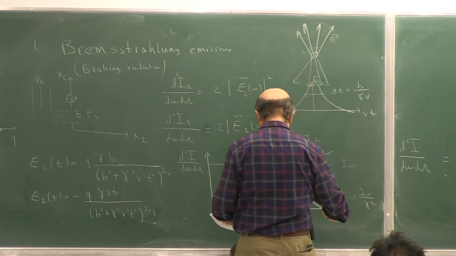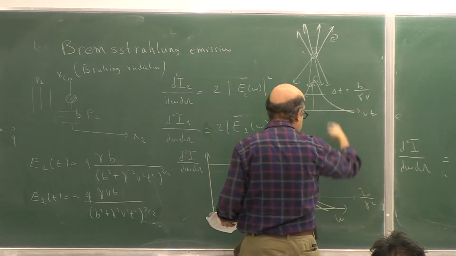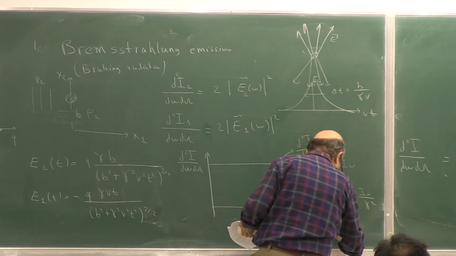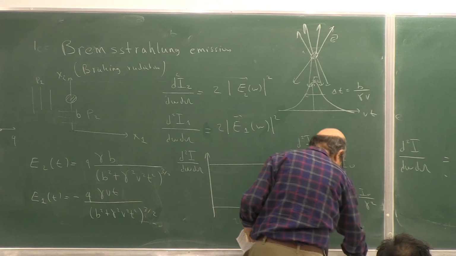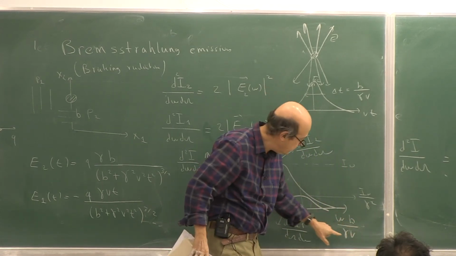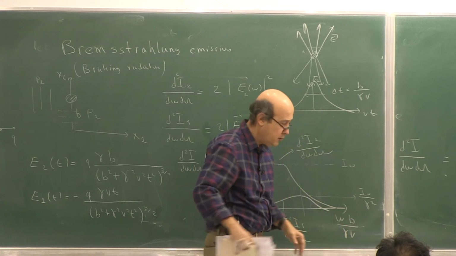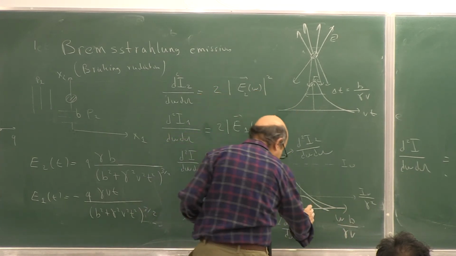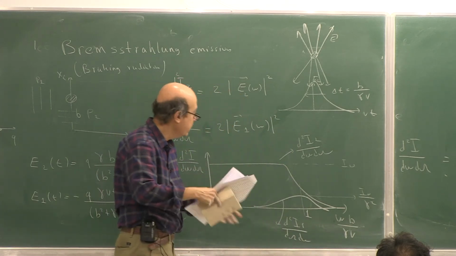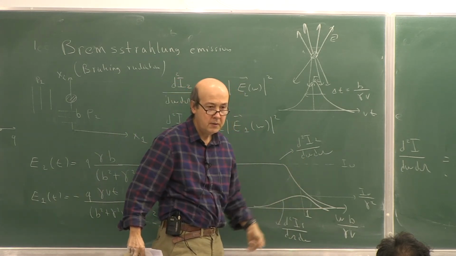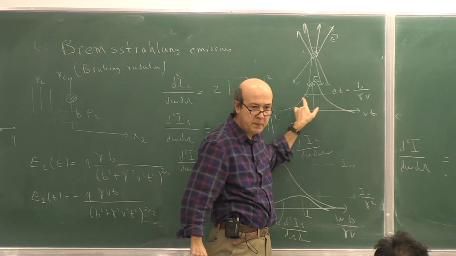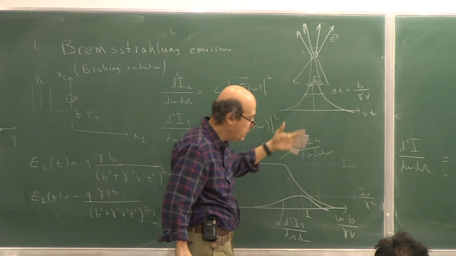So that means this is 1 over time multiplied by delta t. Sorry, that will be b over gamma v. b over gamma v is a constant, but altogether this is unitless. So basically, the exponential drop starts around the frequency equal to the inverse of the passage time. So this is a detail.